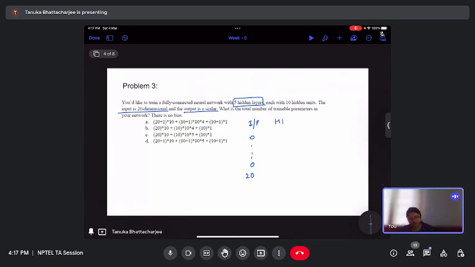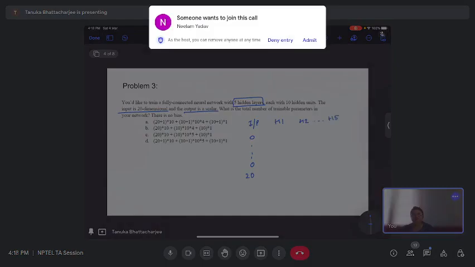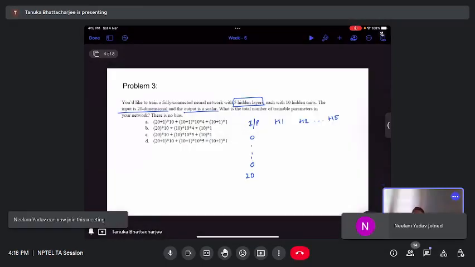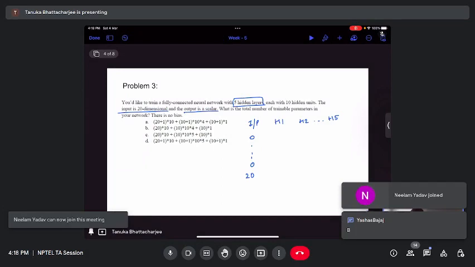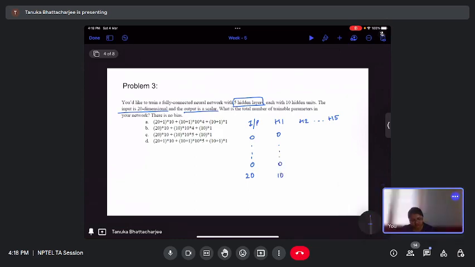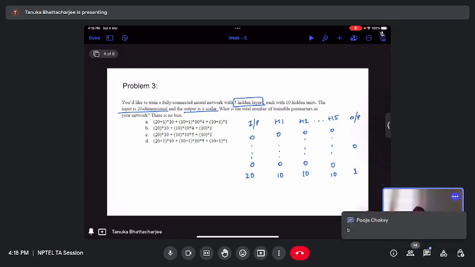Let us say H1, H2, like that till H5. And each of these 5 layers has 10 hidden units. So, this has 10, this has 10, similarly this also has 10, and the output layer is single dimensional because the output is scalar. So, you just need one neuron to represent that.